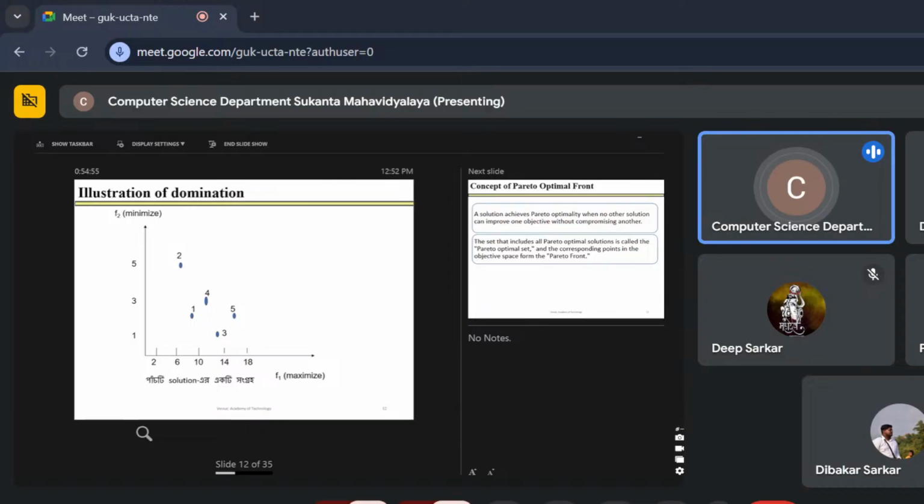They are labeled 1, 2, 3, 4, 5. It's a max-min scenario. My question, out of these 5, which are the best? Which is the best, as the case may be? Open to audience, please.